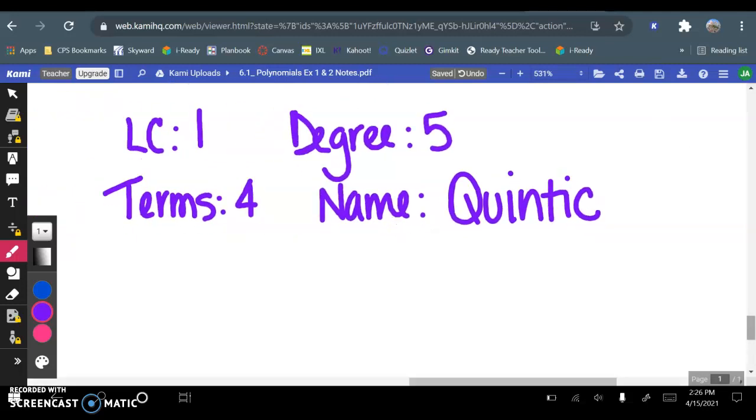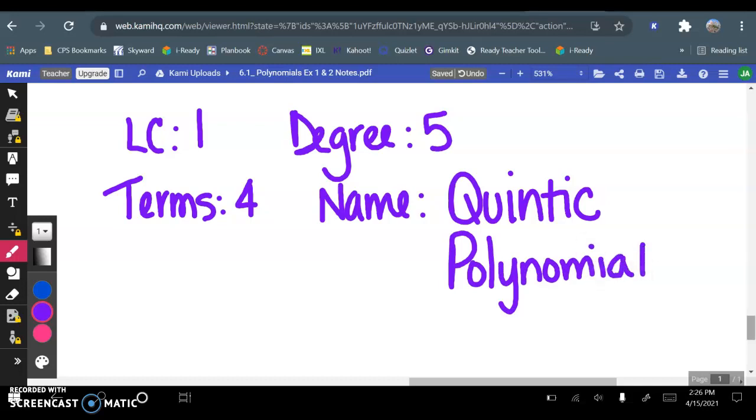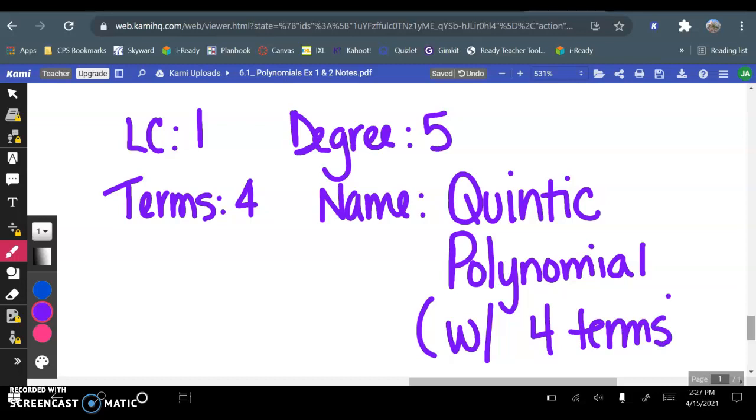And then the number of terms is 4. We didn't talk about a specific name for a 4-term polynomial, so it's a polynomial. Anything more than 3 we'll just call a polynomial. And you could also add "with 4 terms" if you wanted to. So it's a quintic polynomial that has a degree of 5 and has 4 terms.